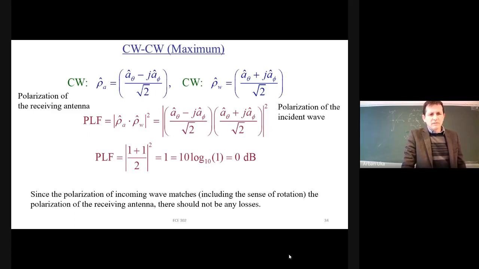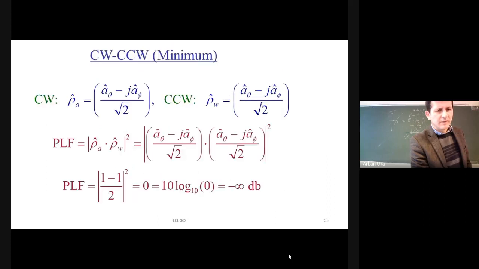Those polarizations are both clockwise, even though we have this negative sign in the complex component, because one of them is incoming, the wave, and the other is receiving, the antenna.